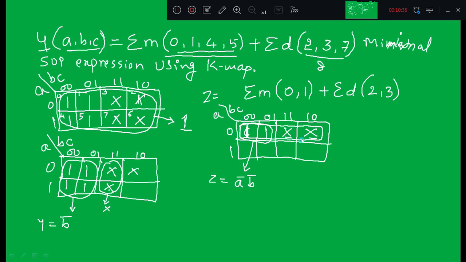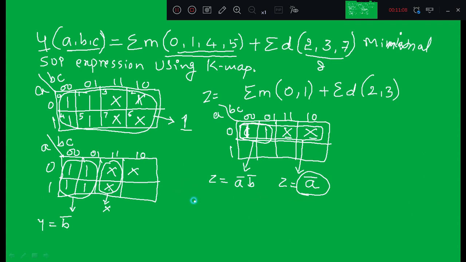So those don't cares can be mixed with the original ones, and we can make a larger group, right? Now if I write the Boolean expression for this, we will get only A bar. So which is the most simplified Boolean expression here? This one. I think you understood the advantages of including don't care terms in the expression.